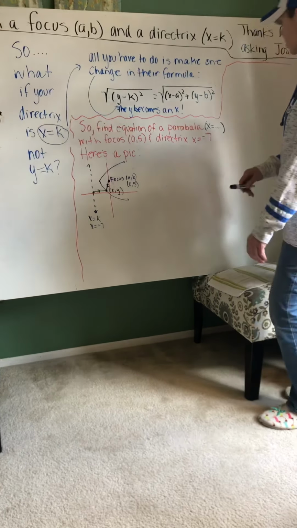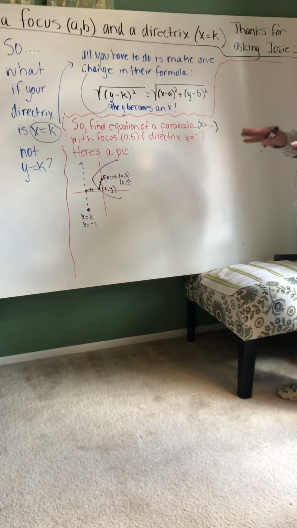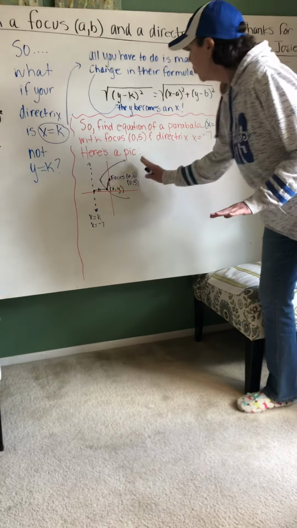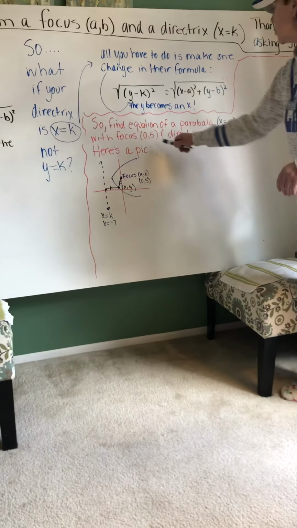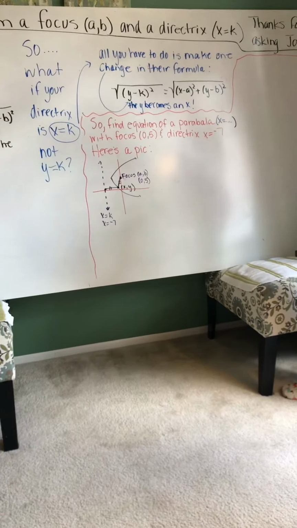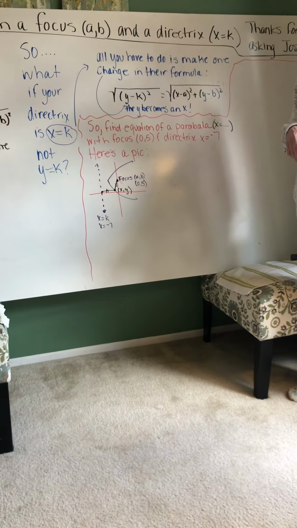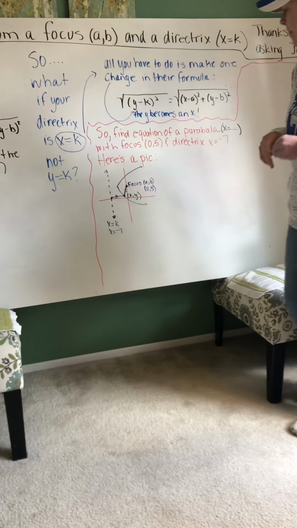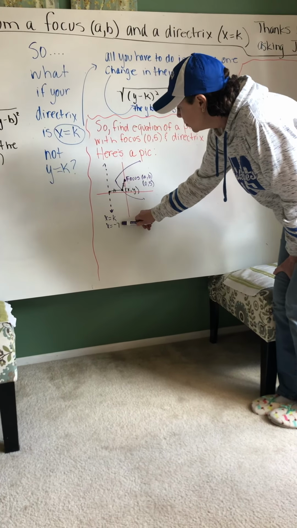So let's take a look at it. Find the equation of a parabola. It's going to end up being x equals an equation because it goes right or left, with the focus (0, 5) and a directrix x equals -7. So I made a picture of it. Not that you need to, but I wanted you to see it. Here's the vertical line, x equals -7.